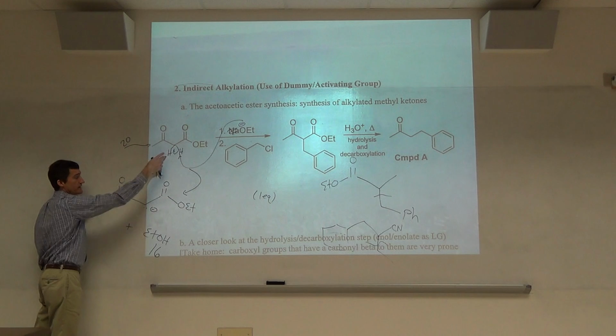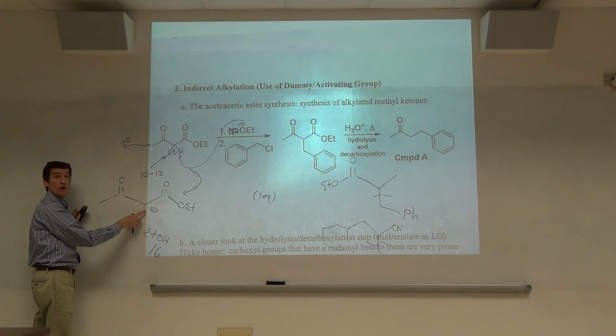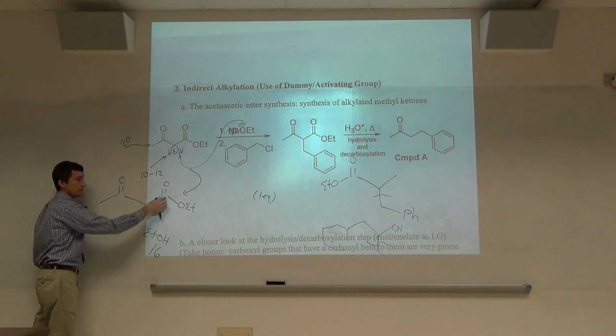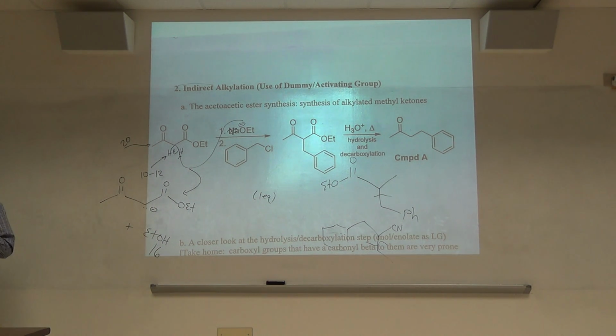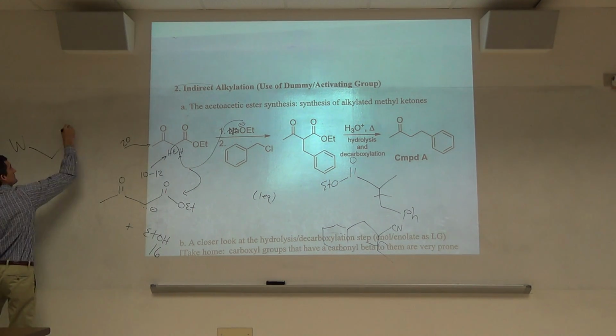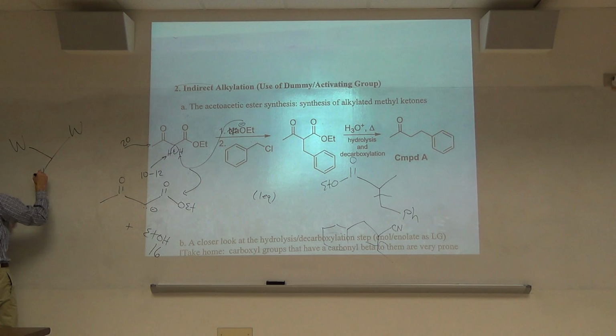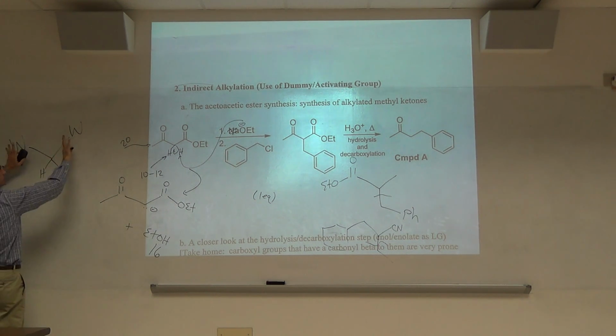Why is this more acidic? Because that's more stable. Why is that more stable? Resonance into not one carbonyl, resonance into 2 carbonyls. It's resonance stabilized by 2 withdrawing groups. That makes it more acidic. This is an example of this type of compound where you have 2 withdrawing groups with the CH2 in between.